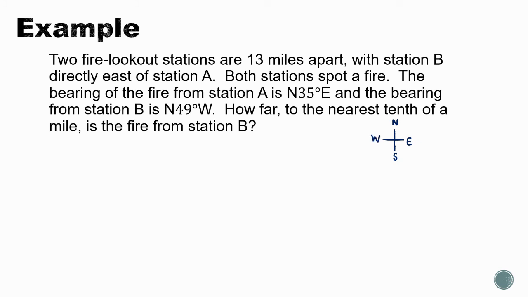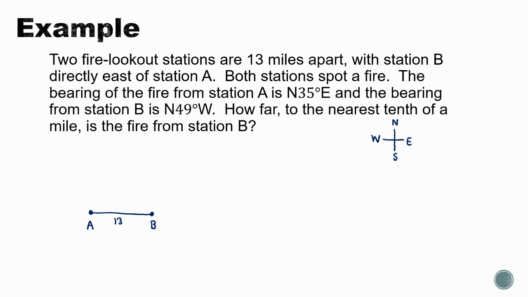So it's saying that one station is east of the other. So here's one station, here's another station. Station B is east of A, so that means it has to be to the right. So A is going to be here, B is going to be there, and they are 13 miles apart.